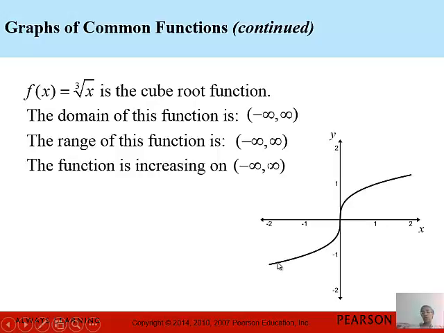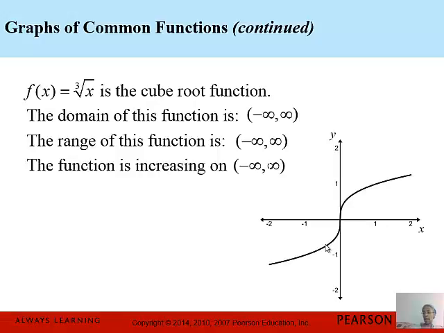Again, to determine that a function is increasing, start at any point on the graph of the function, move directly right, and in order to get back on that function, you have to go up. So that indicates where the function is increasing.